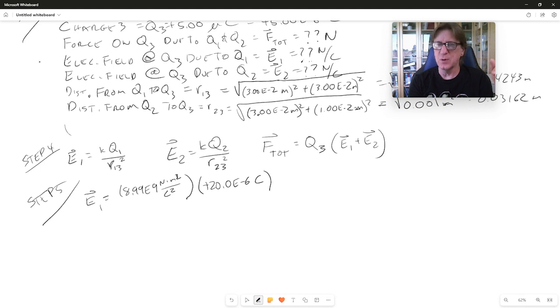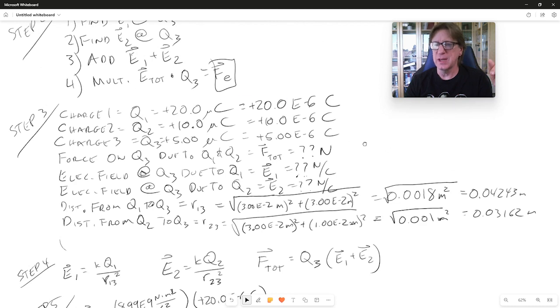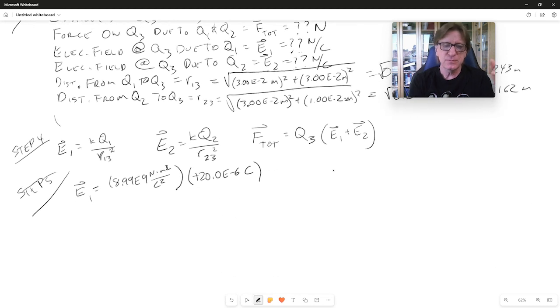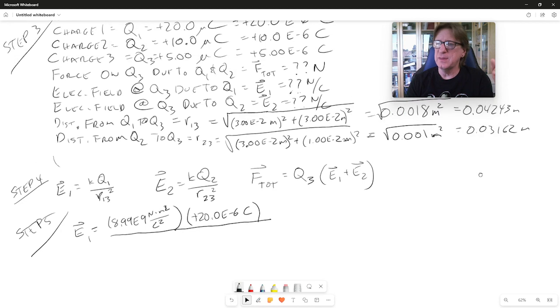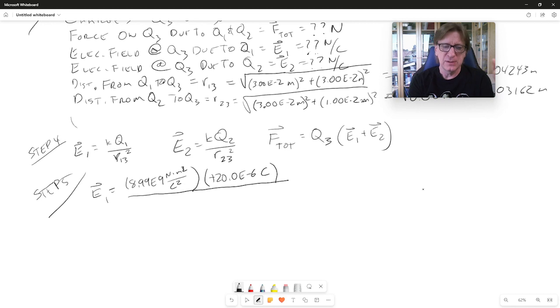That means micro, and we wrote that out up here so that we wouldn't forget. All of that is divided by R13 squared. We've already worked out what that is, so we're going to just type in that number, 0.04243 meters, and then we're going to square that.